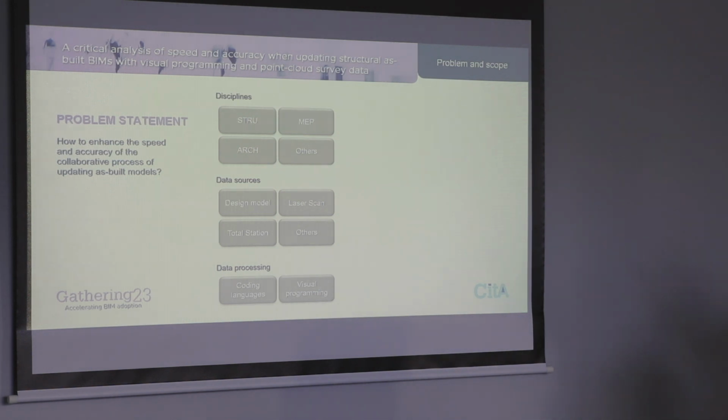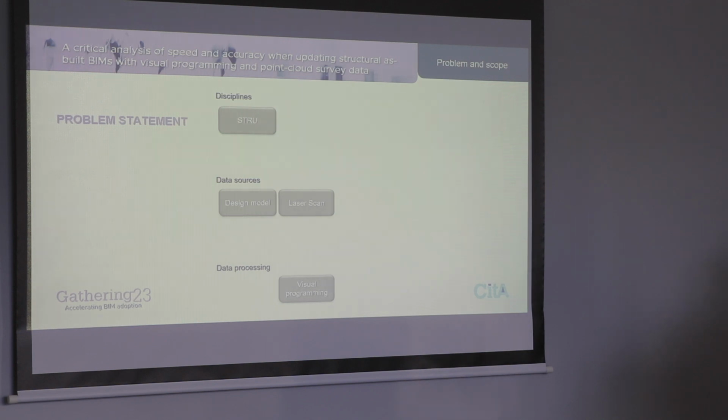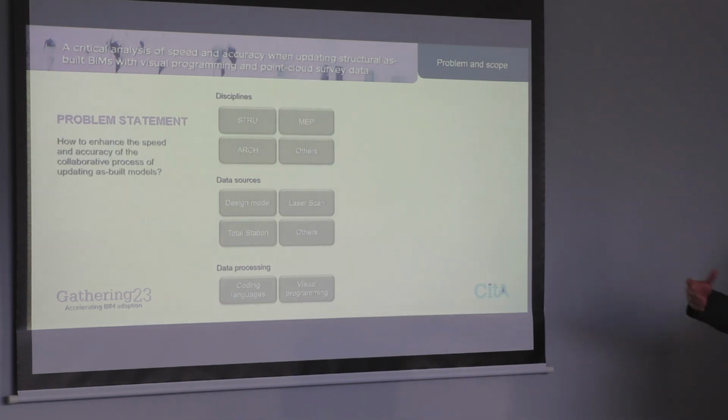Of course, this study could go into structural, MEP, architectural, but I could not do that. So the scope is structural and laser scan. There are other ways to do reality capture, of course, but this study is just for using laser scan. To process the data, it could be using C# or Python, but I'm using something more accessible: Dynamo.